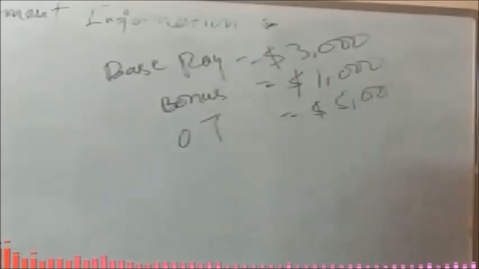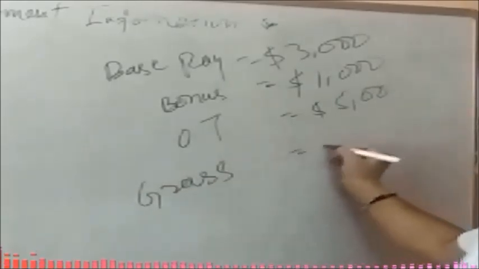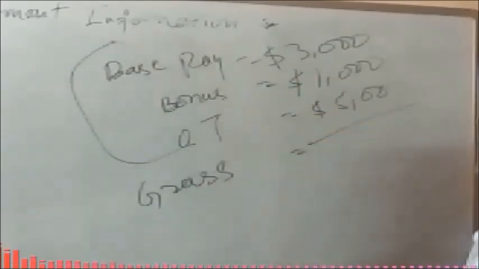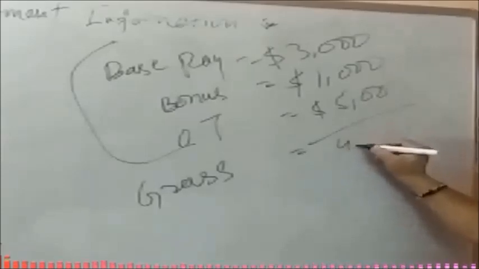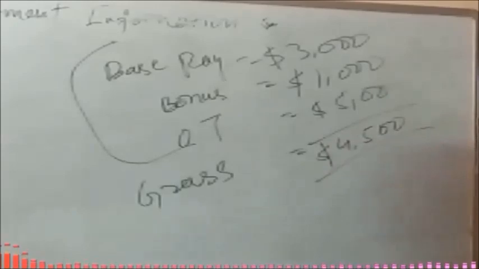So what is his gross income? It means the total of these components added together, so $4,500 will be the gross income.